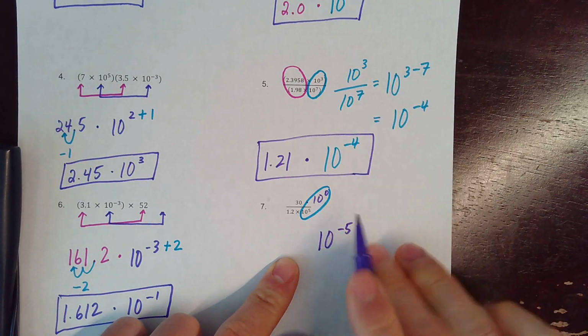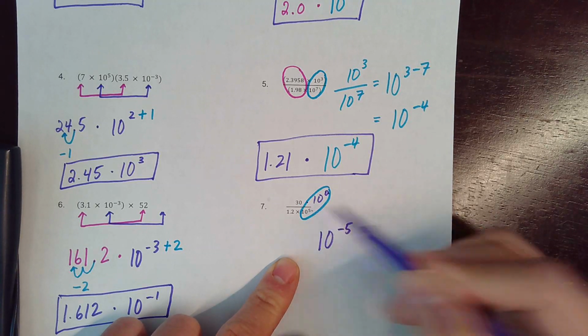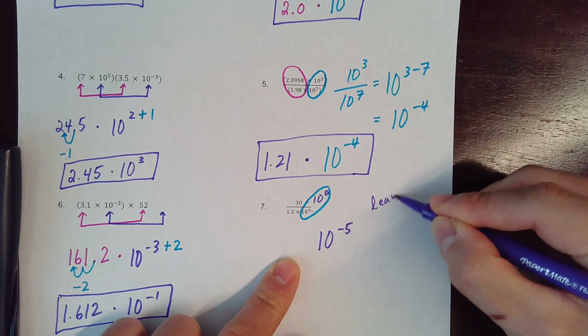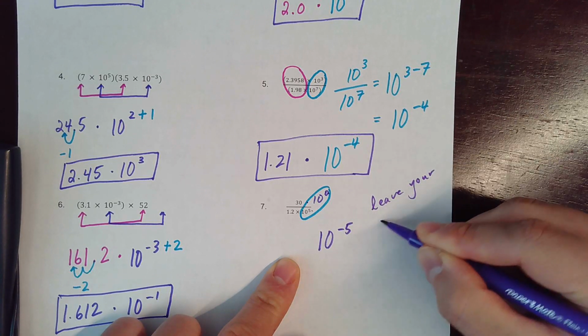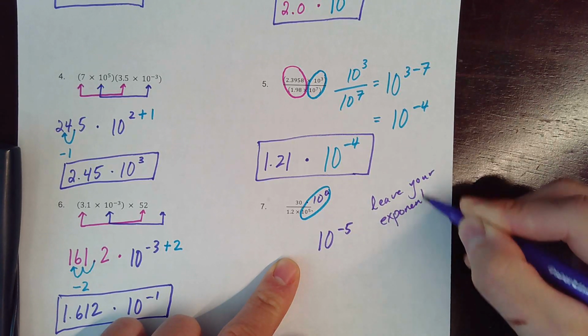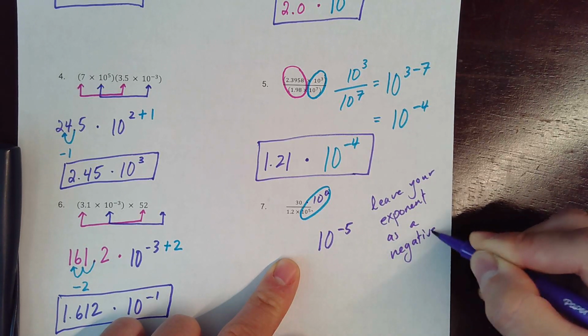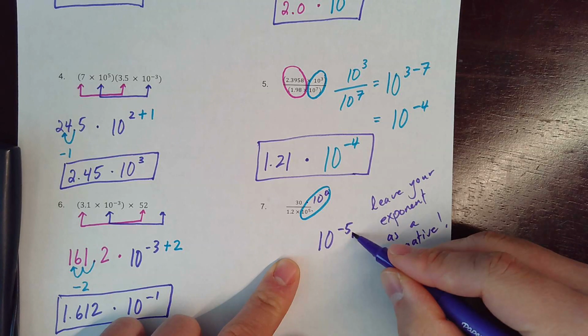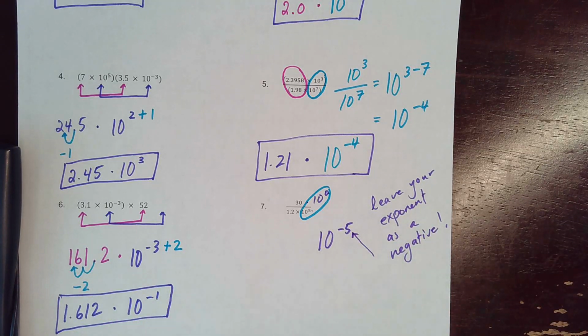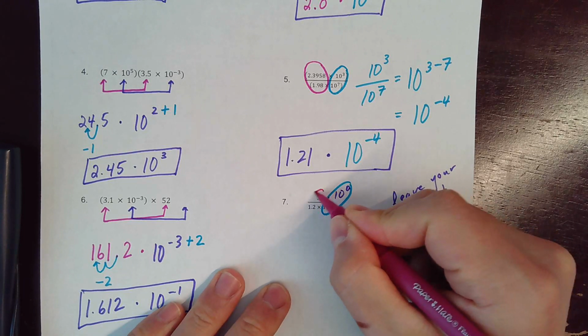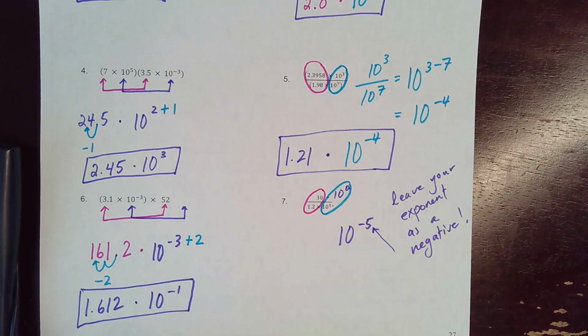That's my first calculation, right? 0 minus 5 is negative 5. Leave your exponent as a negative, right? You want to leave it as a negative because that's what scientific notation is.